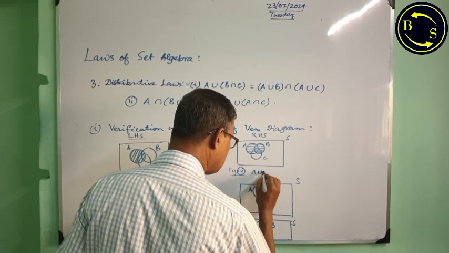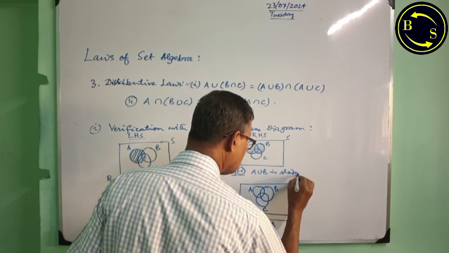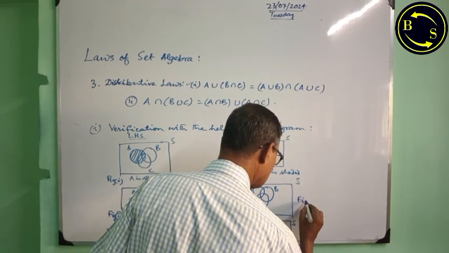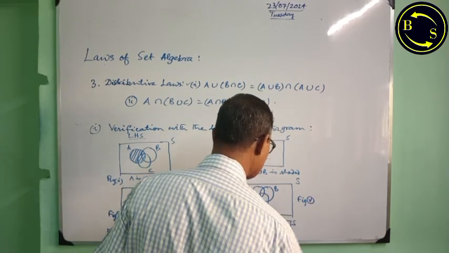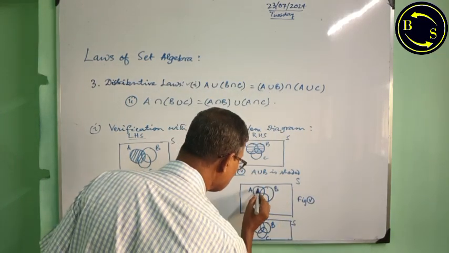A union B is shaded. This is figure 5. A union C.